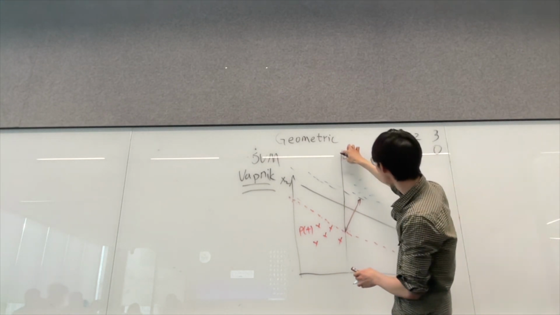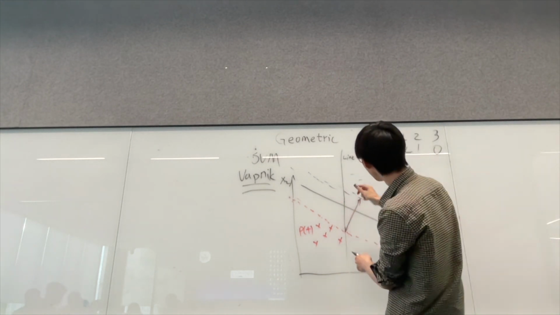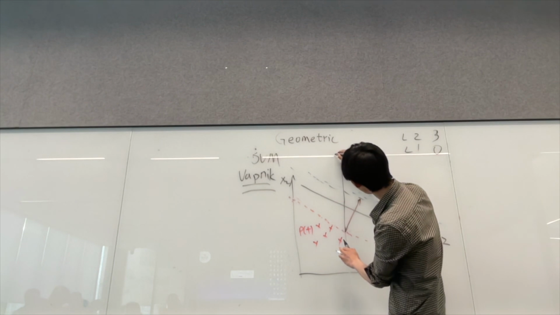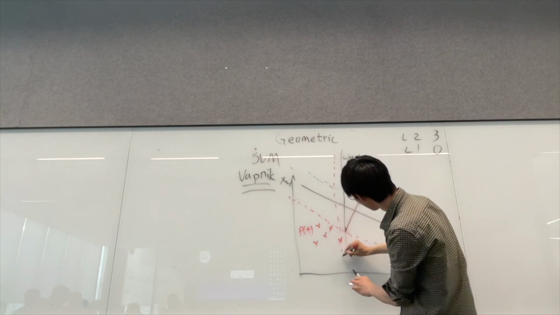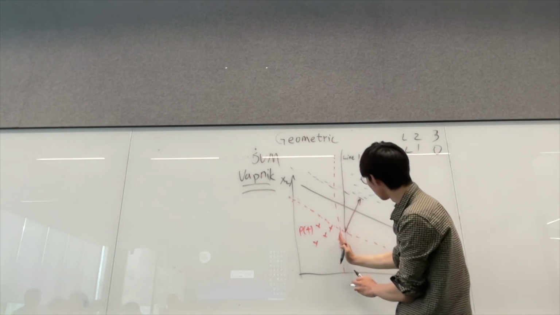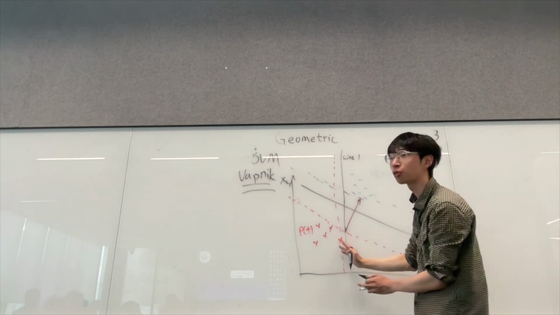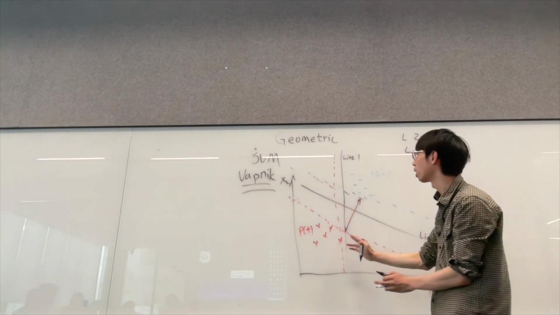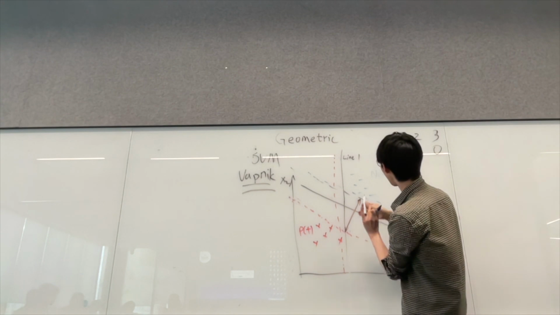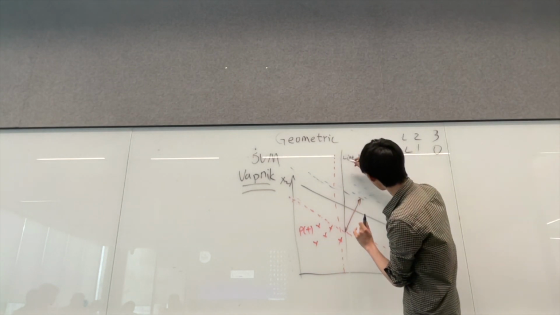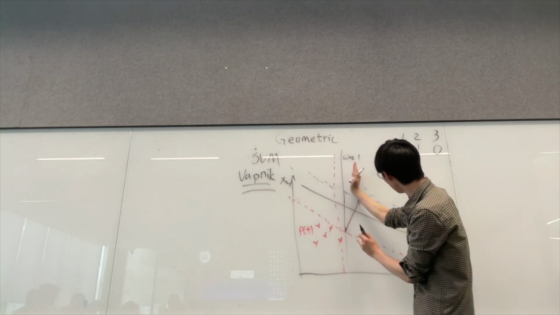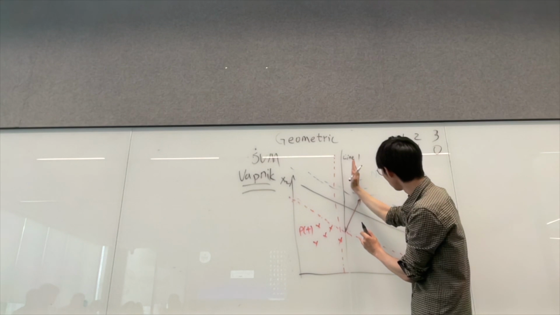So let's look at line 1. What's the margin? For this positive example, this is the best you can do because there is a positive point here. What's the best you can do for the negative point? There is a negative point here. If you move, you come across the negative point, so you have to stop here.